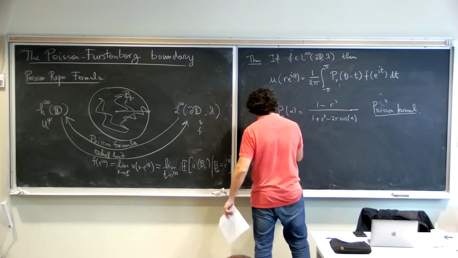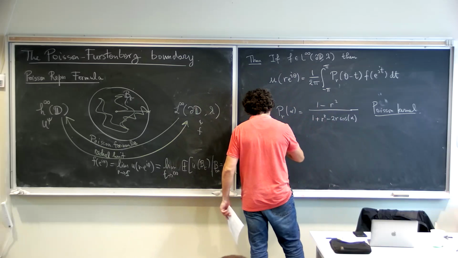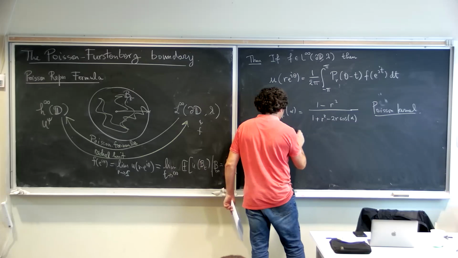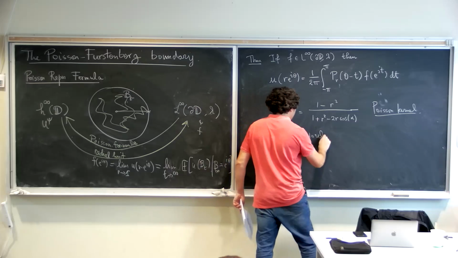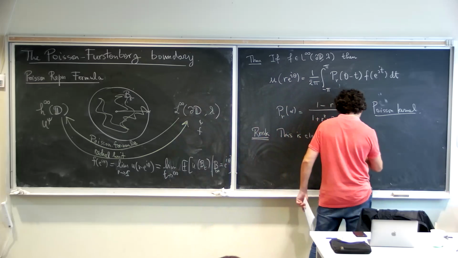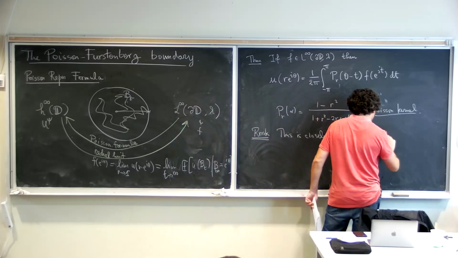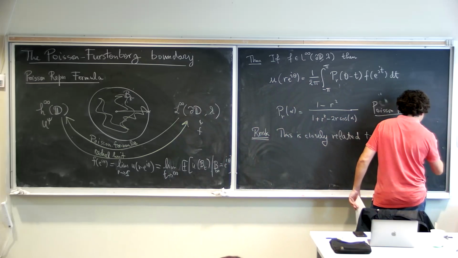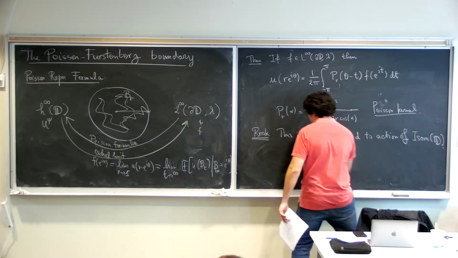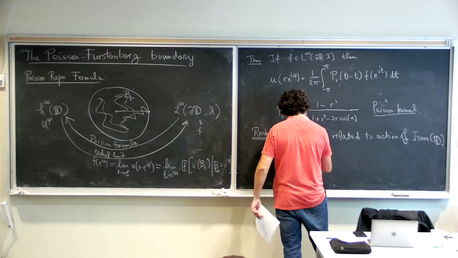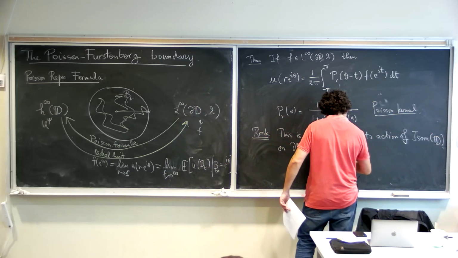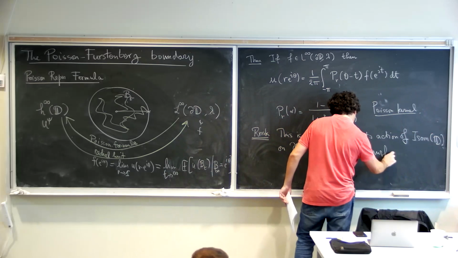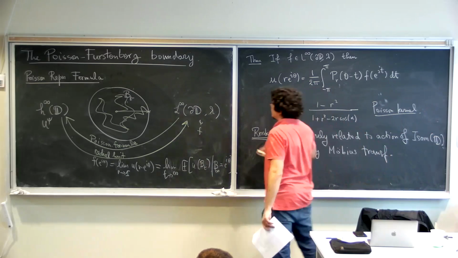So the remark is that this is closely related to the action of the group of isometries of the disk by Möbius transformations on the boundary of the disk. So let's do this computation.